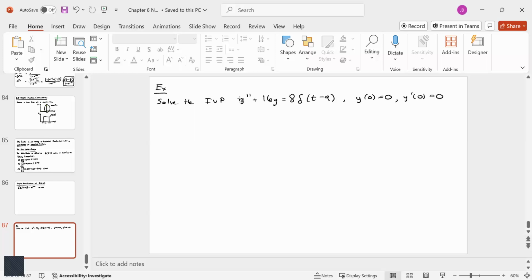So, step 1, formula. Write down whatever formulas you need to. I'm going to always write this one down because this is, again, the most important one in my opinion.